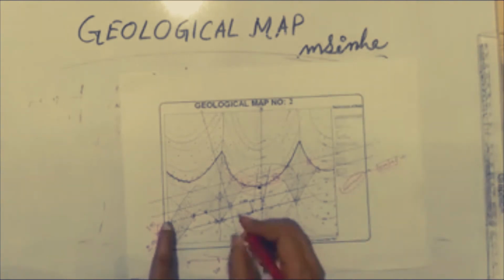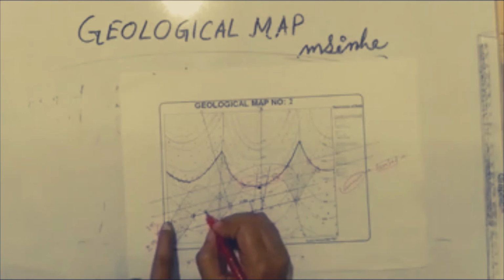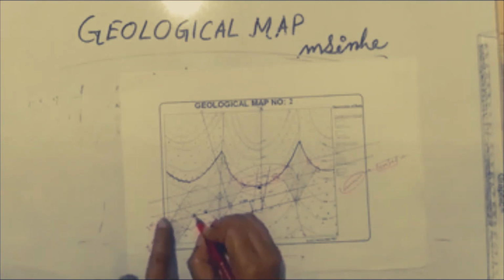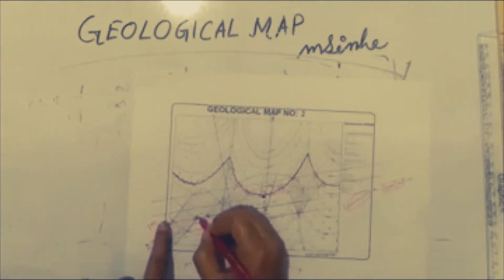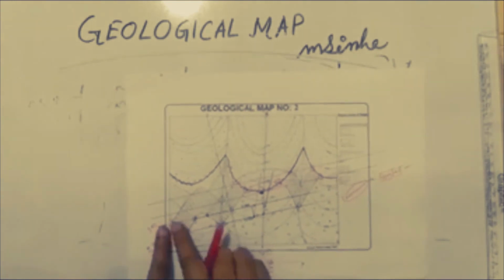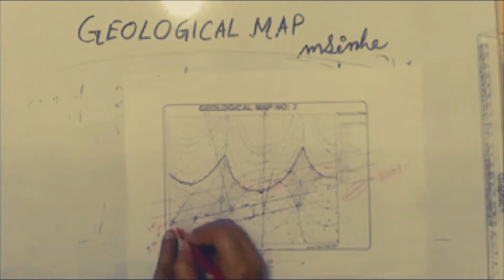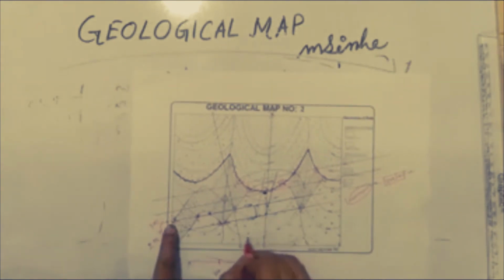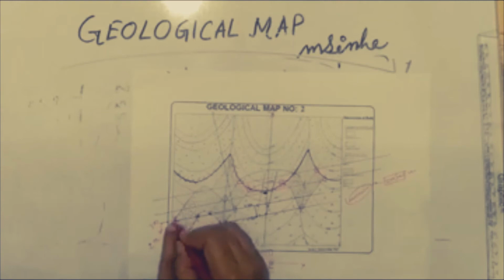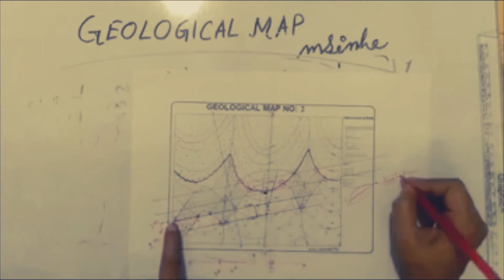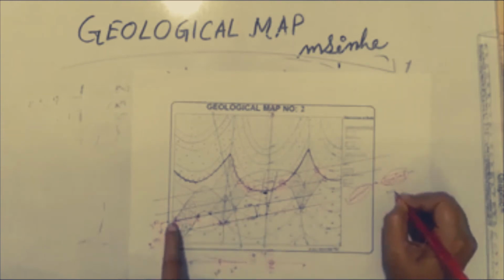But this straight line cuts the lower boundary of that particular bed and also the upper boundary. This is the upper boundary. This is the lower boundary. Here the contour value is 300 feet, and here the contour value is 200 feet.